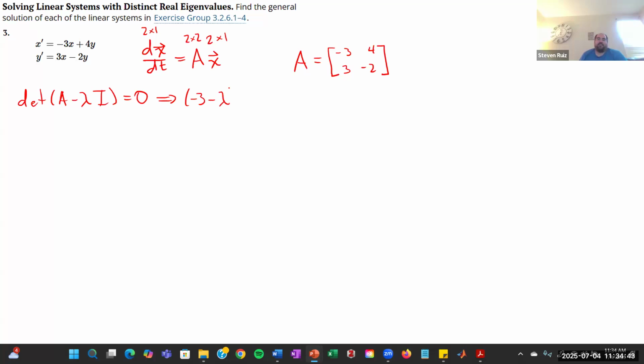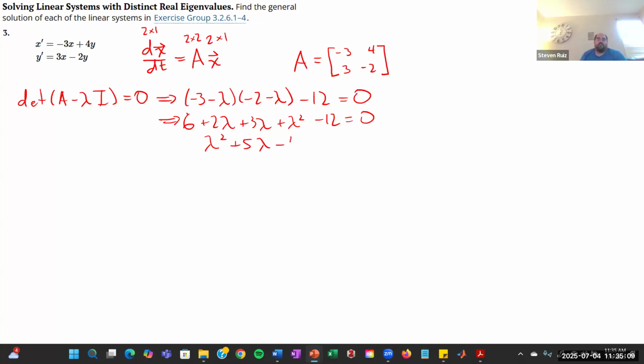So -3 minus lambda times -2 minus lambda minus 12 equals 0. 6 plus 2 lambda plus 3 lambda plus lambda squared minus 12 equals 0. Lambda squared plus 5 lambda minus 6 equals 0.